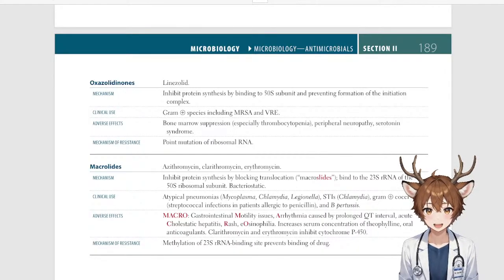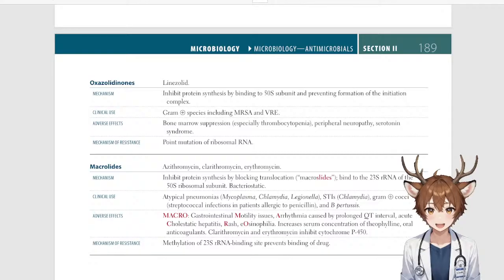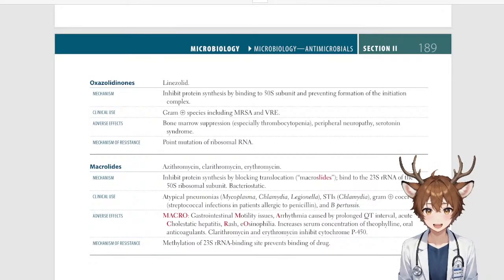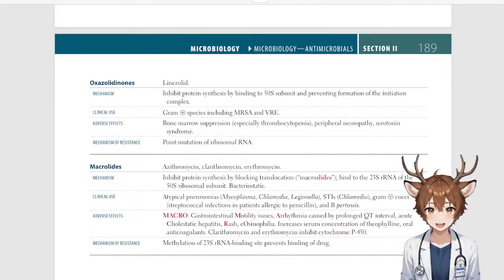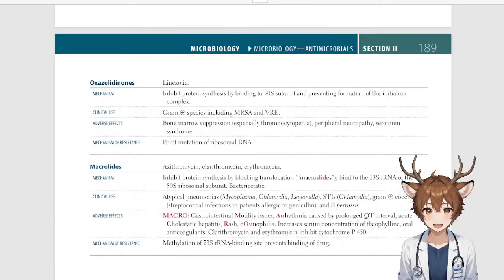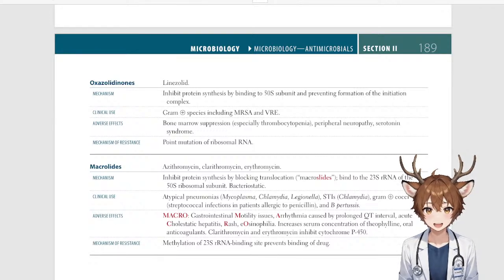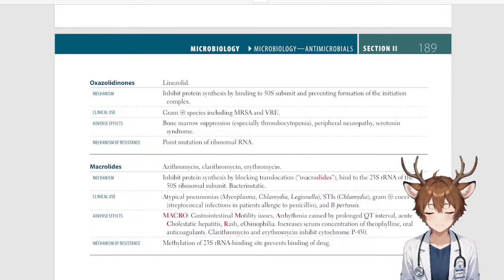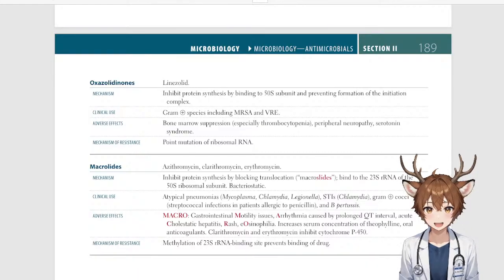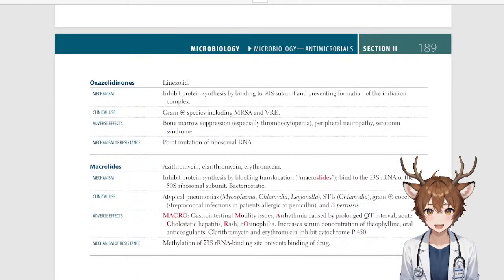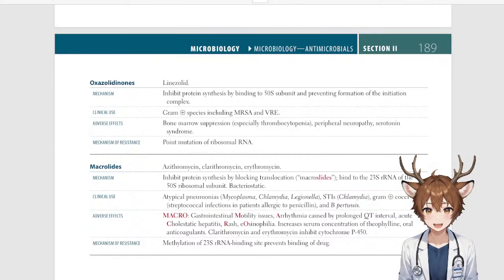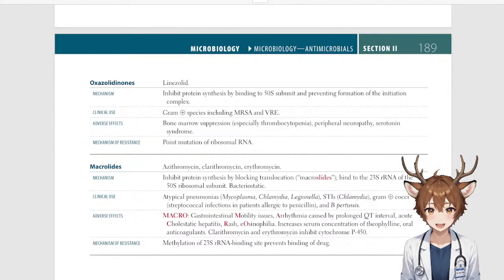The mechanism: inhibits protein synthesis by binding to the 23S rRNA of the 50S ribosomal subunit and preventing the formation of the initiation complex. Clinical use: gram-positive species including MRSA and vancomycin-resistant enterococcus. The adverse effects of linezolid: myelosuppression, especially thrombocytopenia, peripheral neuropathy, serotonin syndrome due to partial MAO inhibition. Mechanism of resistance: point mutation of the ribosomal RNA.